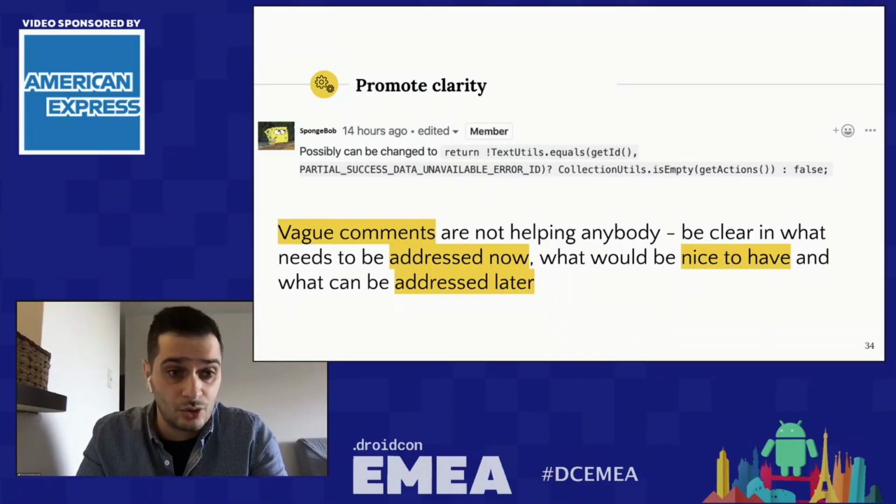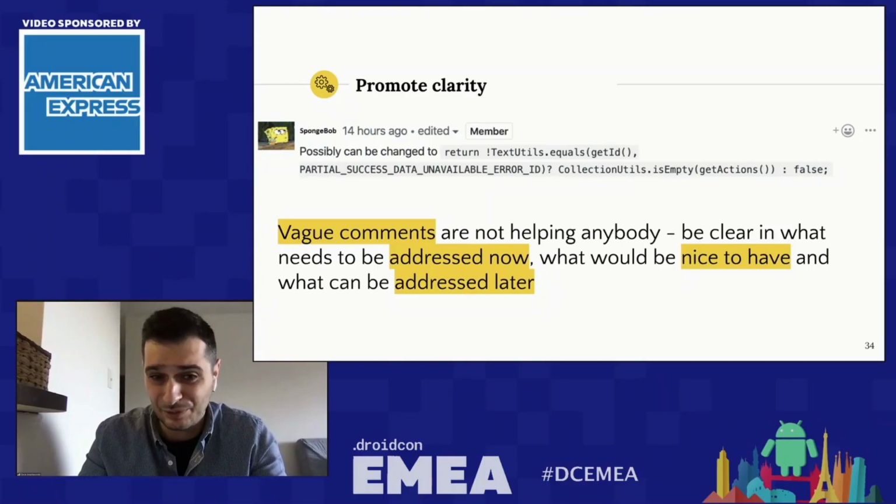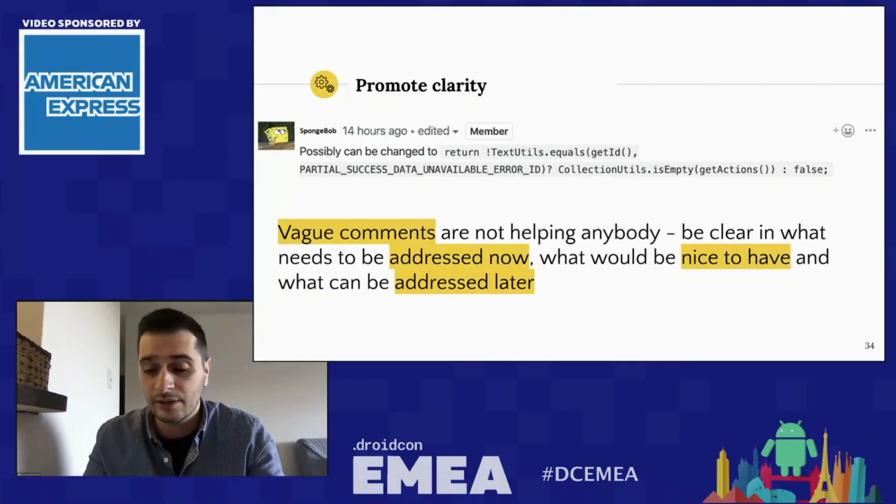This is an actual comment that I have received from SpongeBob. He said "possibly can be changed to". I mean, what does he really want here? Does he want me to change this? Is it a nice to have? When does he want me to change it? Please don't do this. Please be very clear in what you are asking and why.